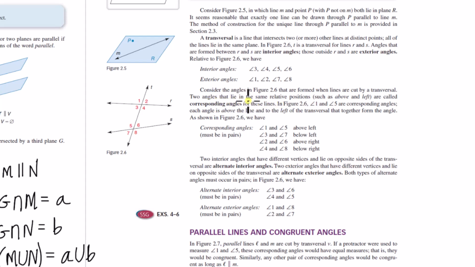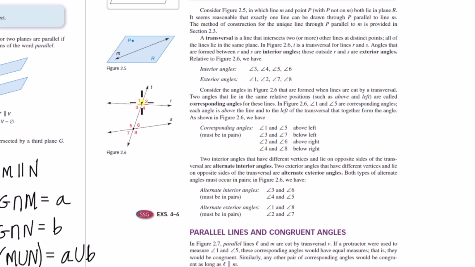So the angles that lie in the same relative positions, such as above and left. Okay, so with corresponding angles, you look straight at the vertex. Look straight at it. And all you're looking at in that case is those four angles in their relative positions. Up left, up right, down right, or bottom left, however you want to say it.